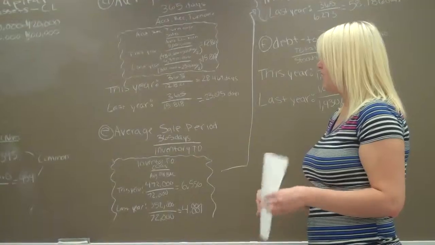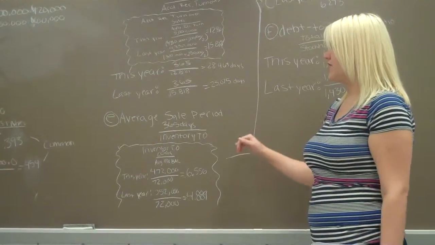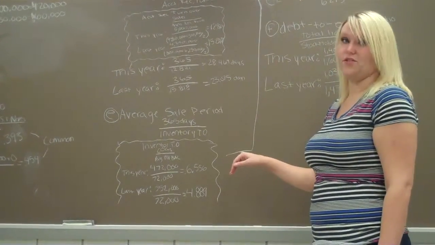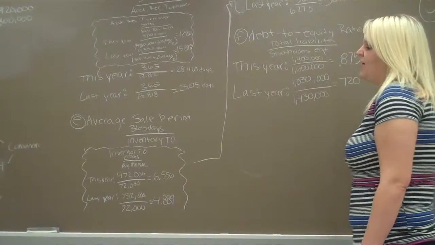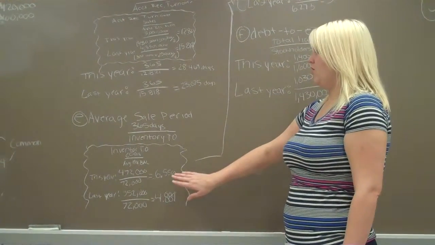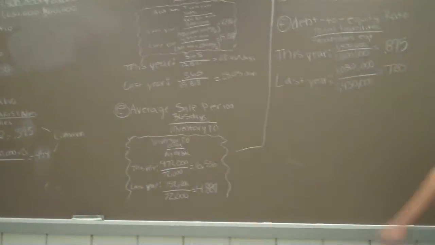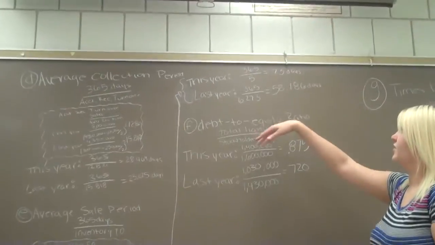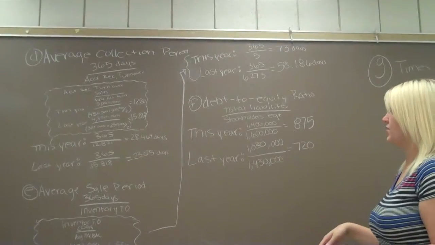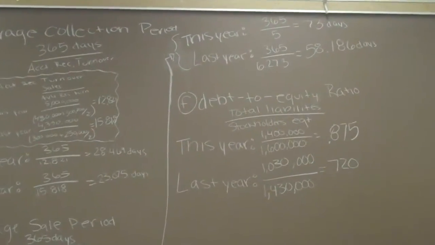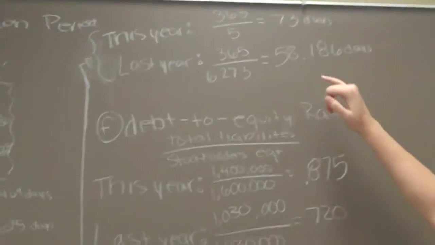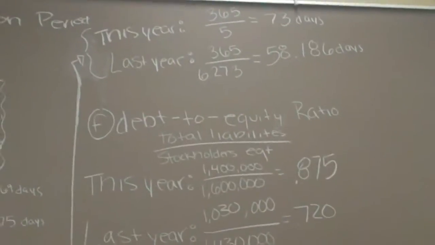Alright, so for E, average sales period, 365 days divided by inventory turnover. You have to figure out inventory turnover, which this year was 6.5 and last year was 4.8. Plug this in, divide 365 by those numbers. You get 73 days for this year, and last year you got 58.186 days.